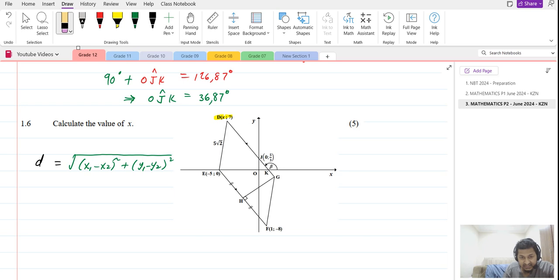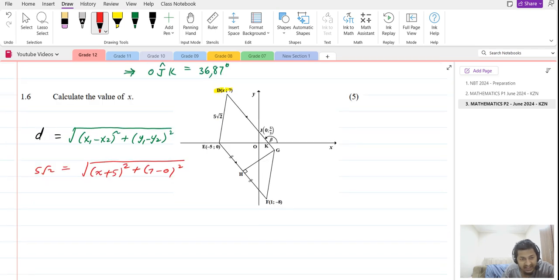We know the distance is 5 root 2, which is equal to the square root of x minus minus 5, so x plus 5 squared, plus 7 (remember, I took that first) so 7 minus 0.